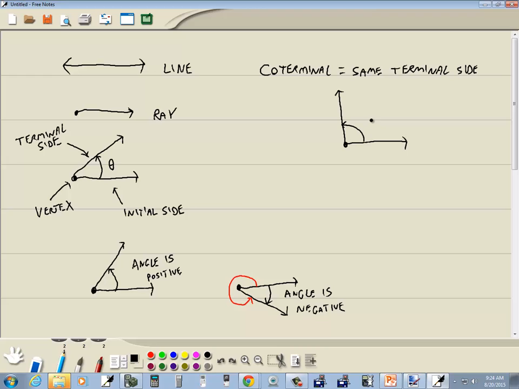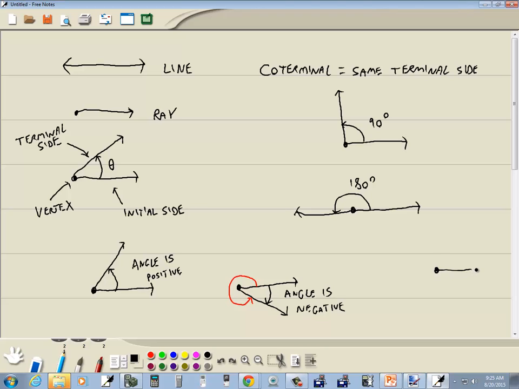This is 90 degrees. If I start here and I go all the way over in terms of a line, that would be 180 degrees.